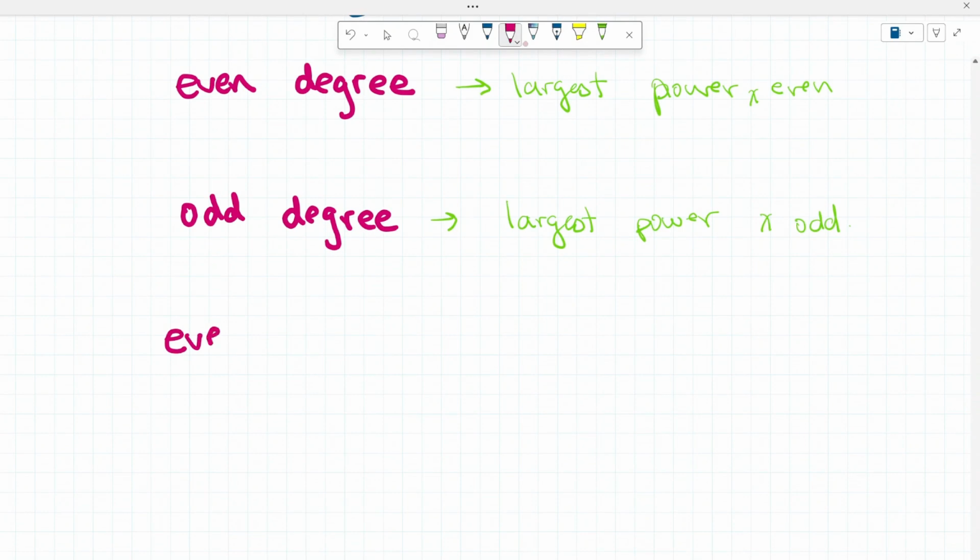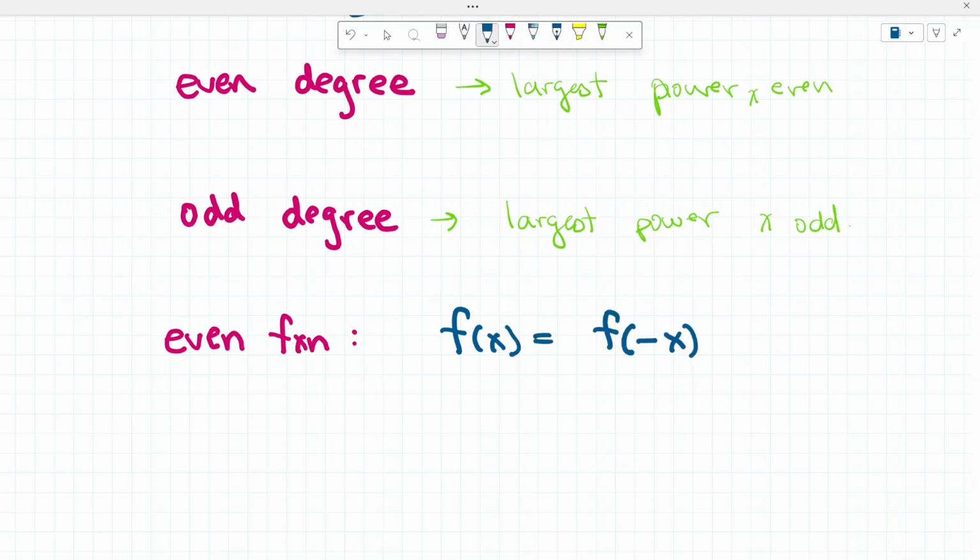So an even function has the algebraic form of f of x equals f of negative x. And odd functions have the algebraic form of f of x has to equal negative f of negative x.